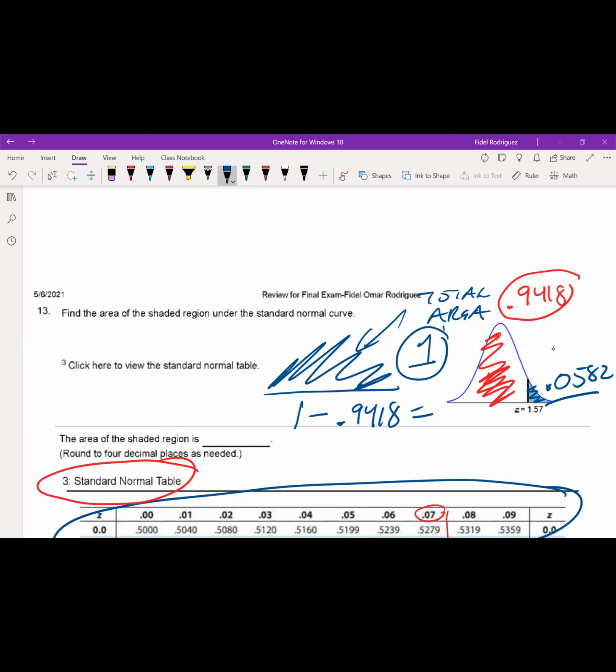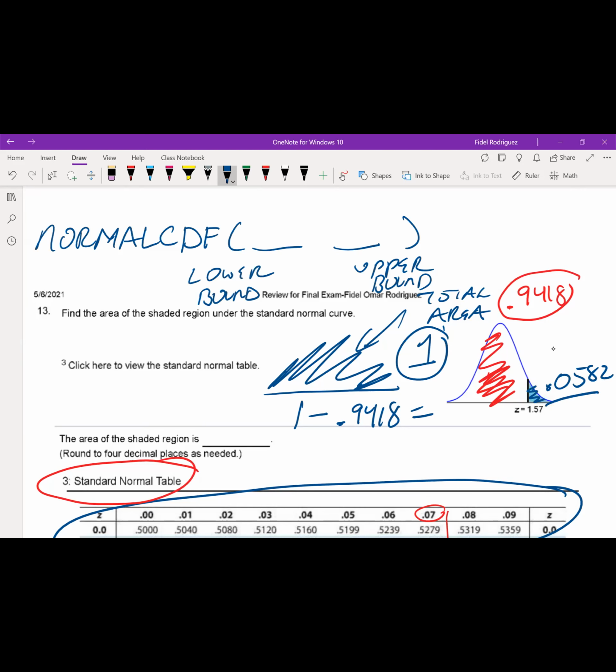Okay? So I want you to look at the picture that we had here. We're going to start from this value right here, and we're going to go to the right kind of forever and ever. So my lower number is 1.57.